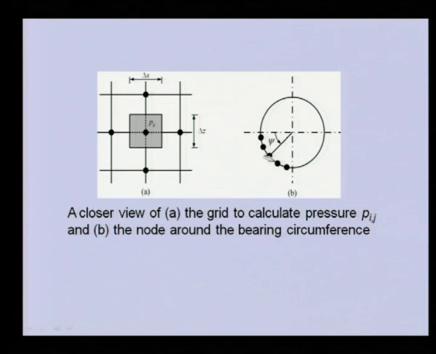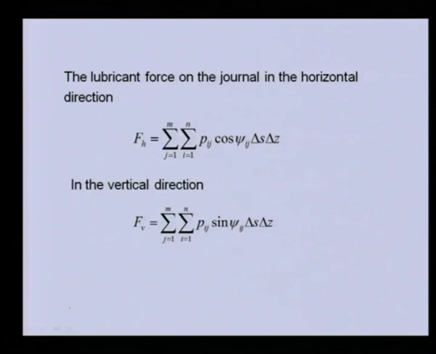Then we can take the components of these forces in different directions, the horizontal direction and vertical direction, and then we can see their force balance. So you can see this is the force balance in the horizontal direction. So the component of that pressure into the area is the force, and this is the component in the horizontal direction.